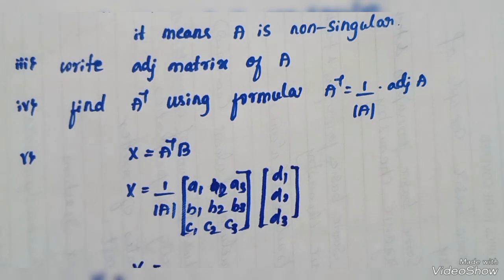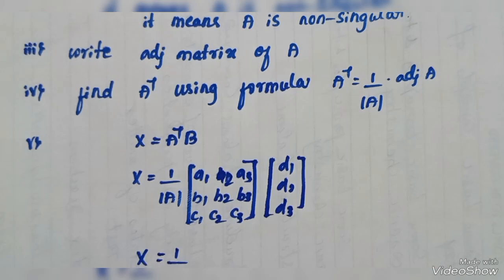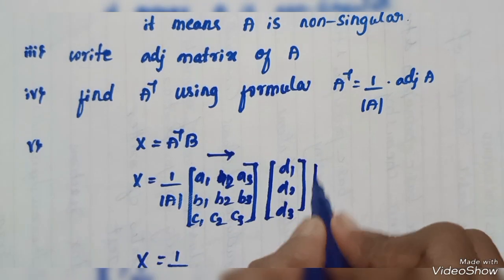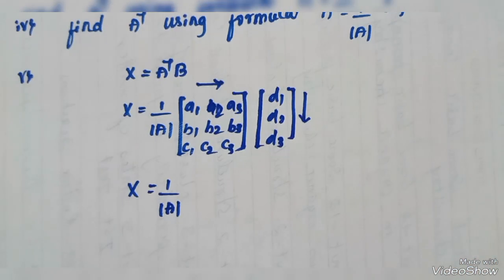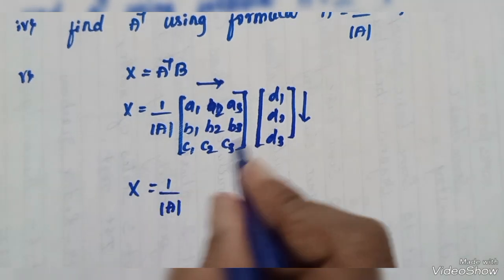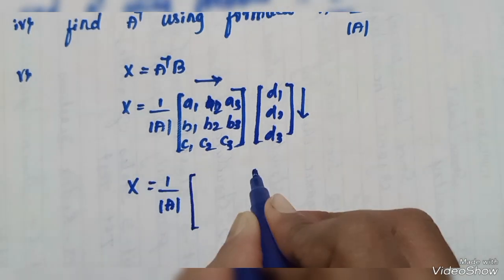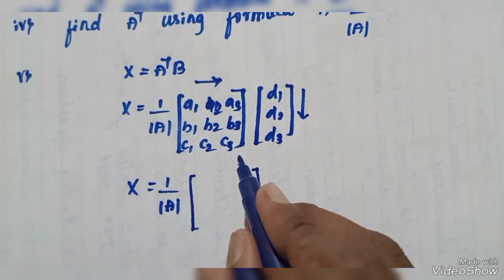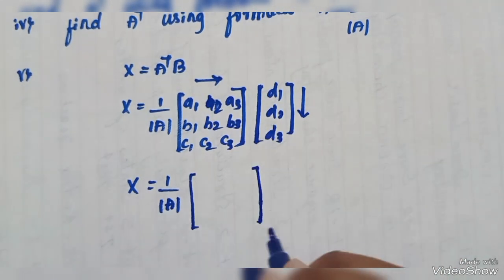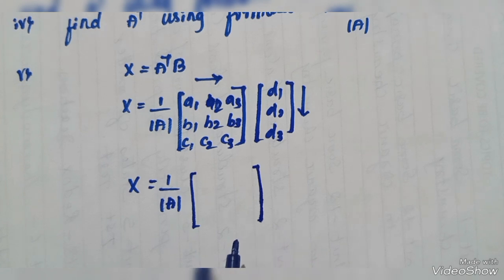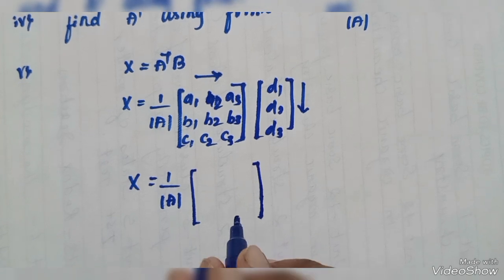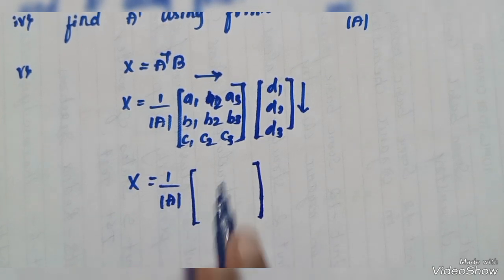X is equal to again 1 divided by determinant of A. Find the product of A inverse into B, the product of the matrices. When we take the product, we get a matrix, then again multiply the values.